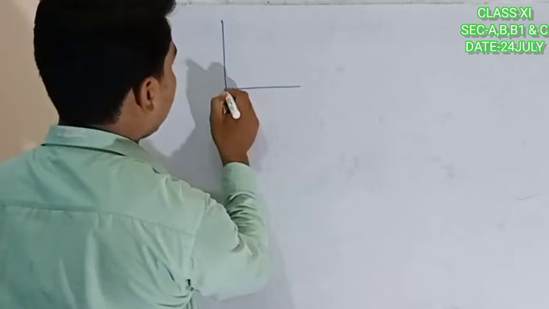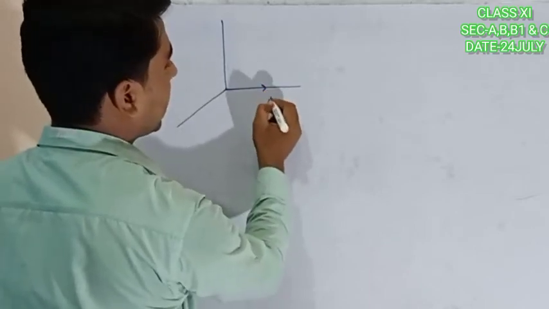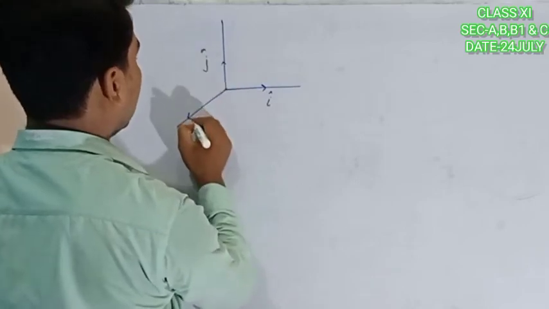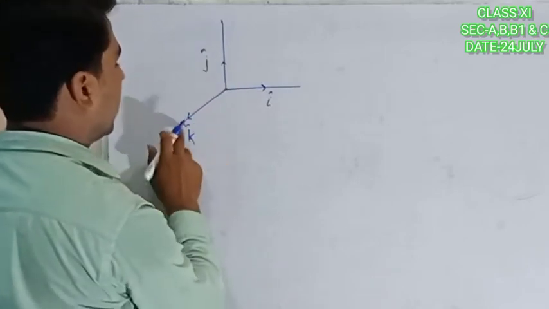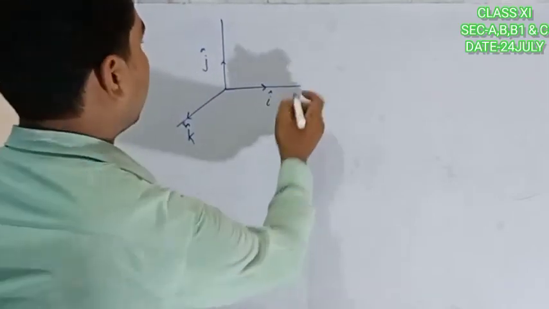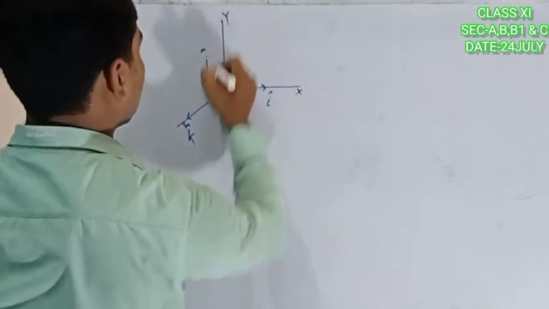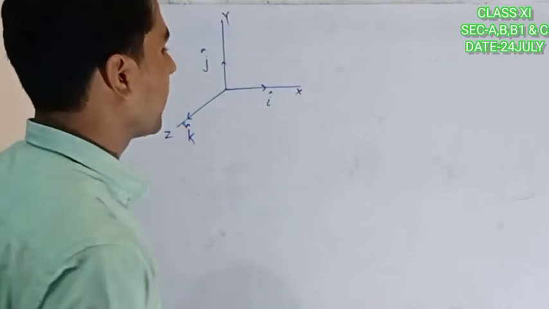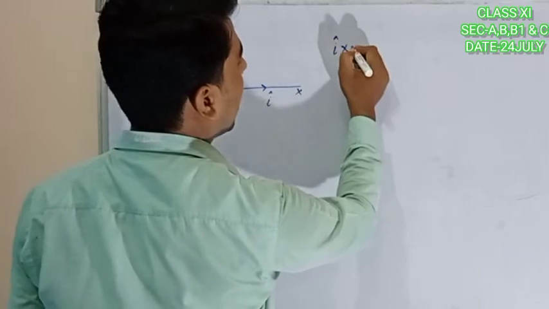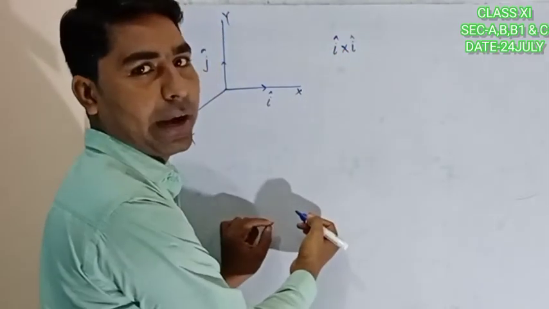The x, y and z axes, taking i cap, j cap and k cap. Remember that i, j, k are three axes like this. So what are we going to do? i cap cross i cap. First I am going to find that.